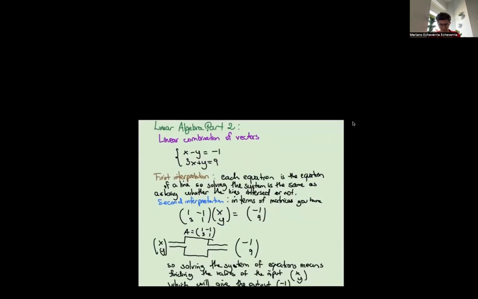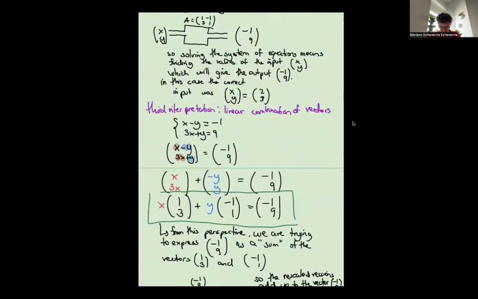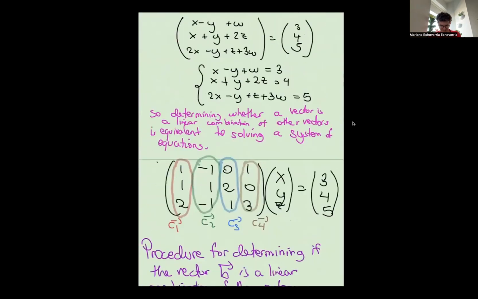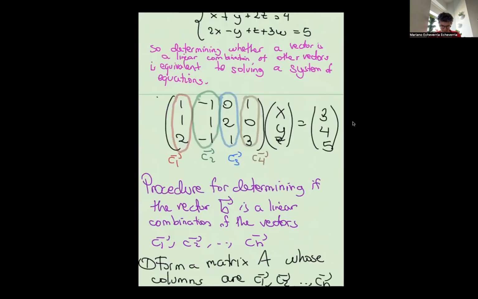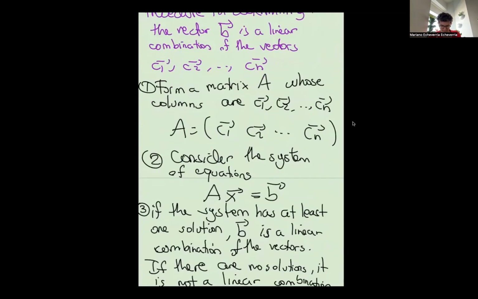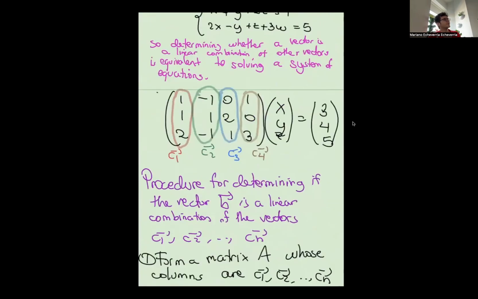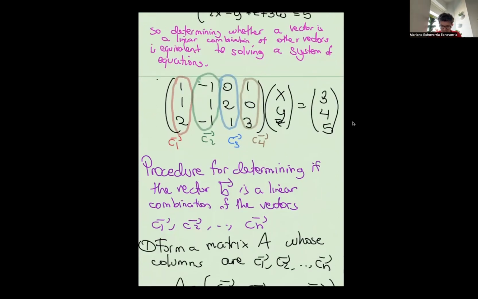I can show you where we said that. Figuring out a system of equations was equivalent to whether the vector b was a linear combination of the columns.